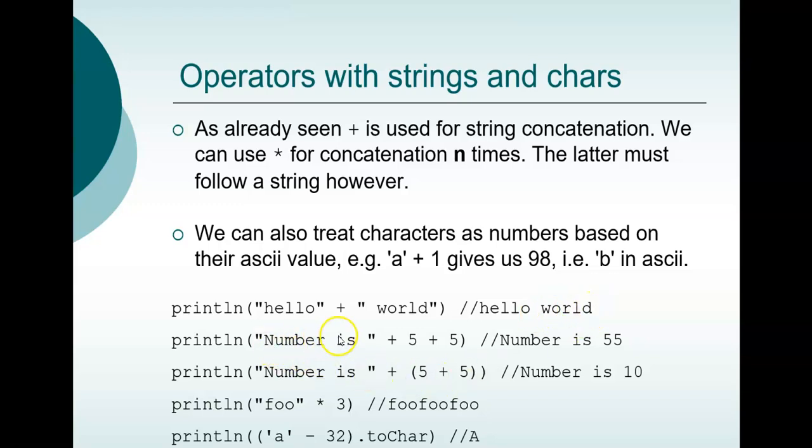We have number is plus 5 plus 5, so it will concatenate 5 to 5, as we learned in the previous videos. Assuming we have 5 plus 5 plus number is, then it's going to add 5 plus 5 to make it 10. But here we have number is plus, in brackets, 5 plus 5, so it will evaluate this expression by adding before concatenating. So that's why you have number is 10.